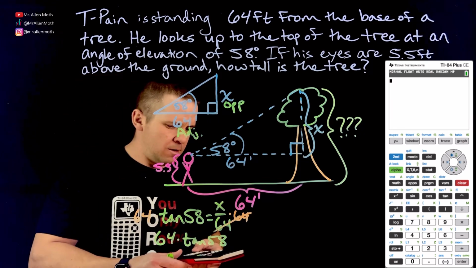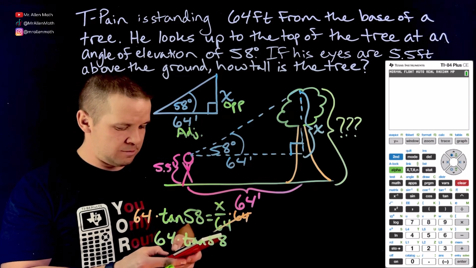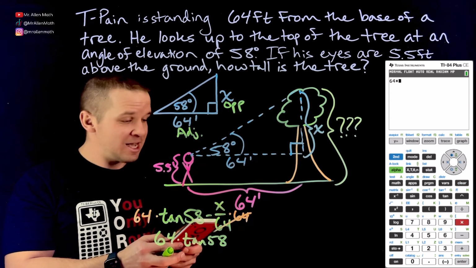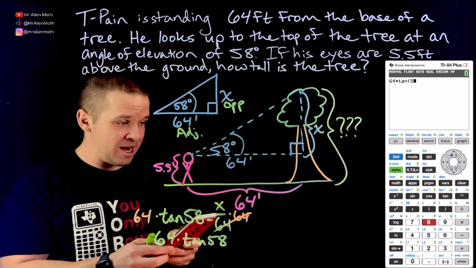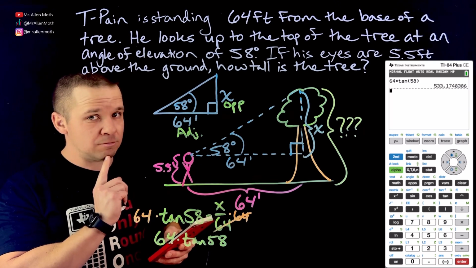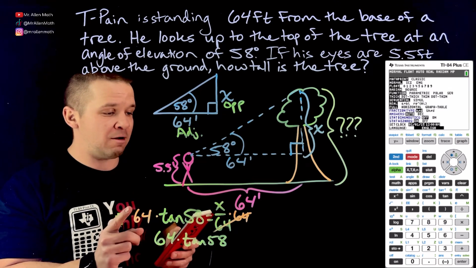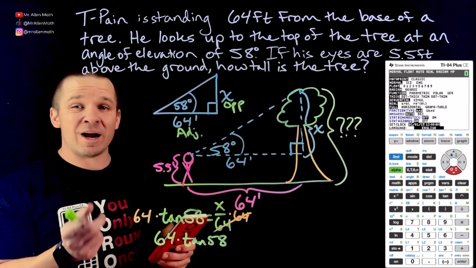So what we would have here is 64 times tangent of 58. Now hopefully this calculator is in degree mode. I did not check. That seems a little outlandish, doesn't it? So we're going to hit mode right now. And if you arrow down, see how I'm in radian mode?